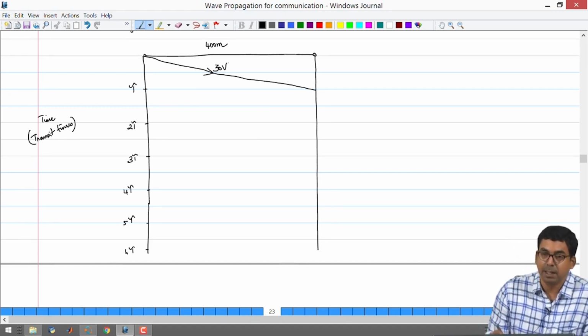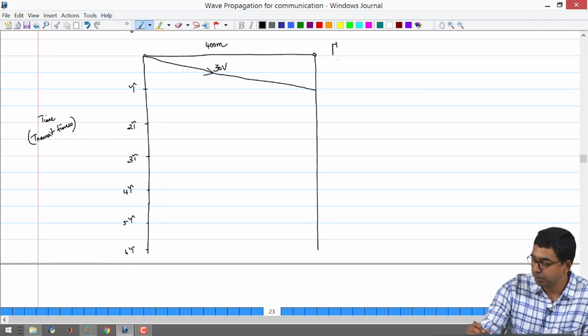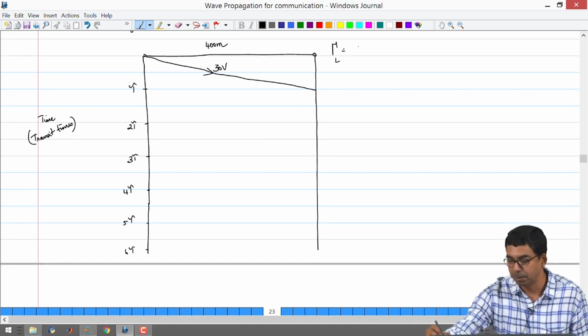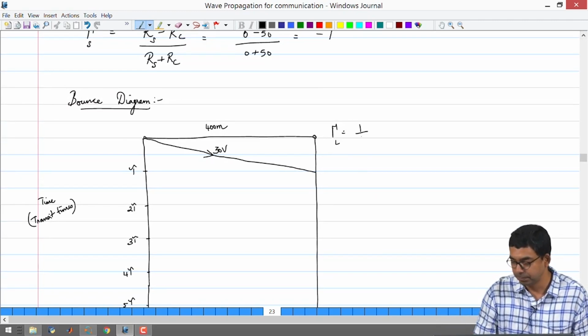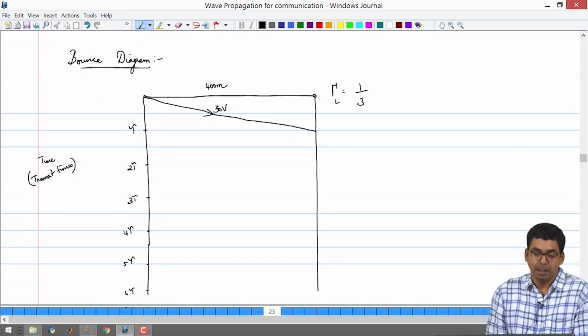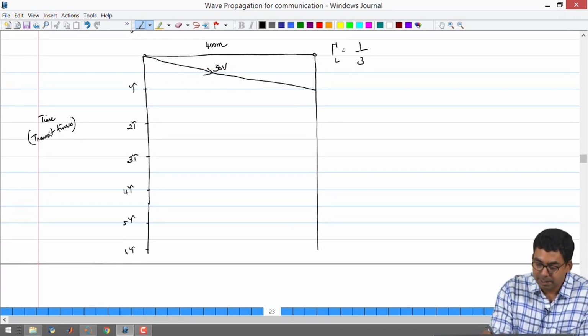Once it hits the load end, it sees a reflection coefficient gamma L equal to 1/3. So, the next transit time, 1/3 of it is going to go towards the source end of the transmission line.